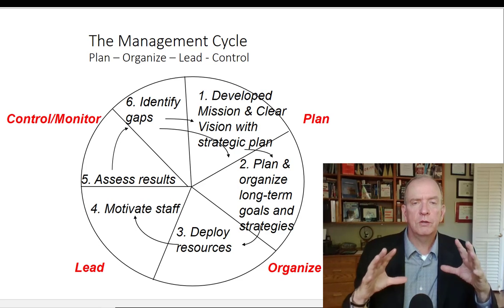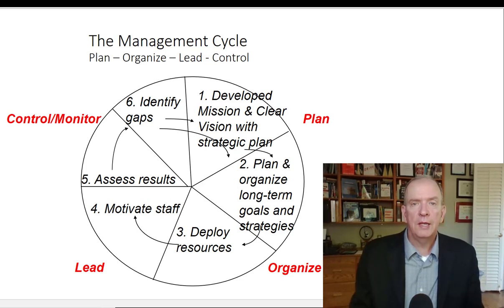This goes in a circle for a business and how it develops its strategy and moves toward vision and goal setting and how it achieves that. Inside the circle, you can see: develop mission and clear vision with strategic plan.